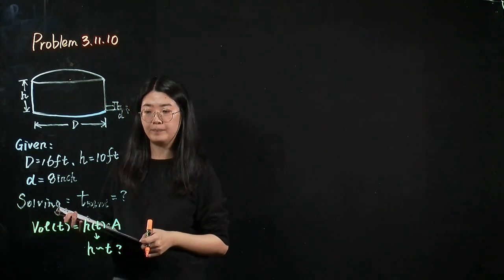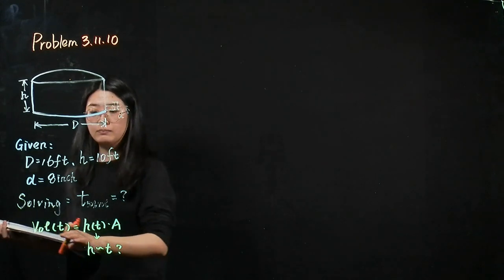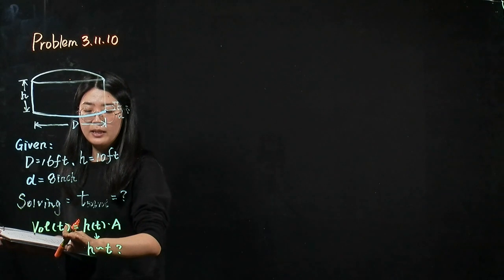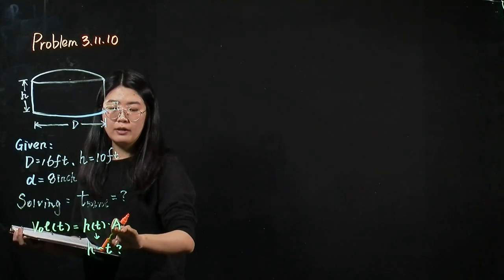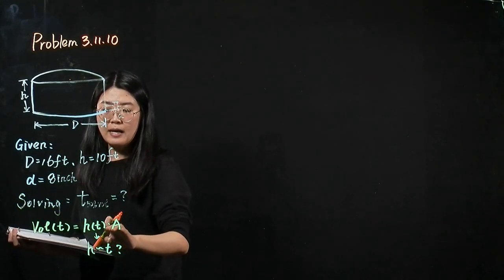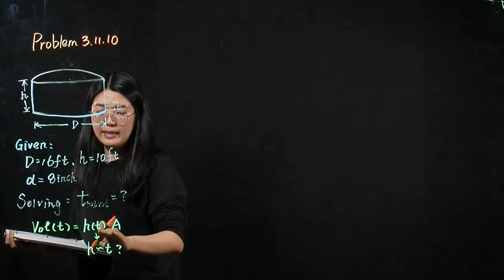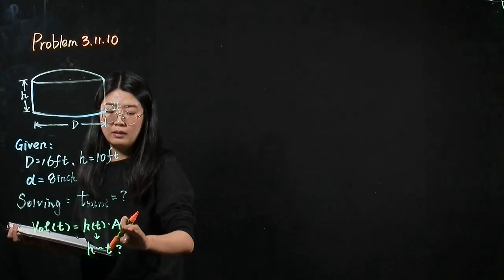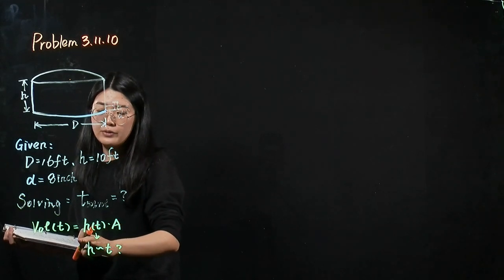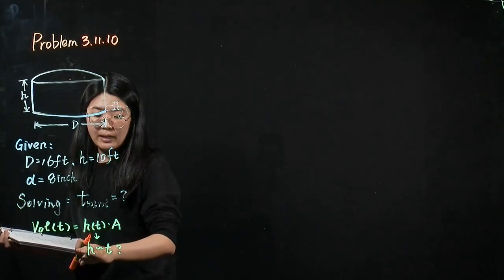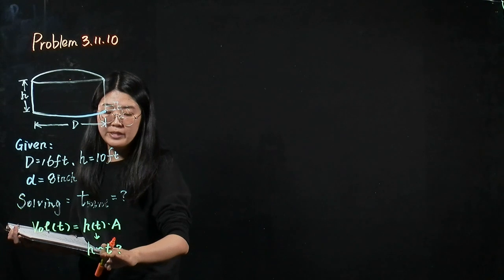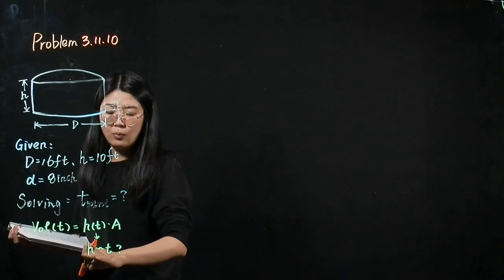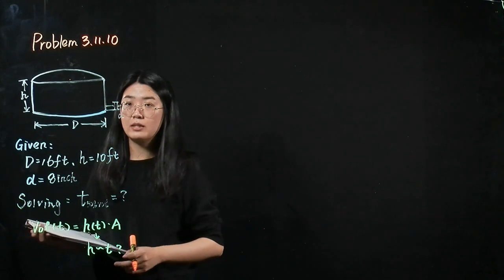The volume of water at time t is equal to the area of the water tank times the height of the water at time t. Because the area is a constant, in other words, we want to figure out the relationship between the water height and the time.